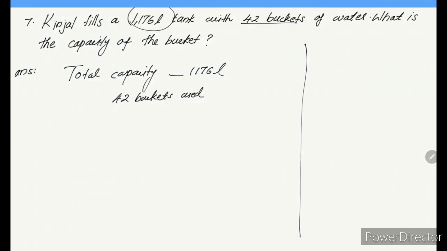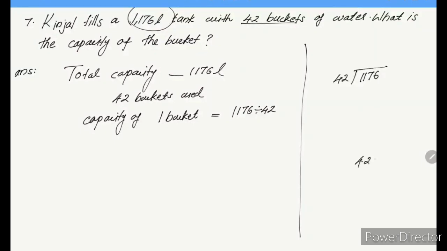We need to find the capacity of one bucket. And write capacity of one bucket. That is 1176 divided by 42. We can divide here.